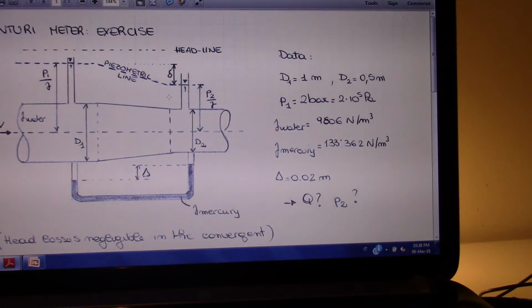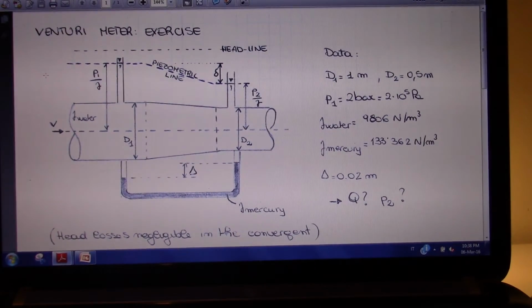So basically this is the exercise associated with the Venturi meter. So basically you have a pipe where inside you have a fluid which of course is moving. Then this fluid passes across a convergent, and you assume that you don't have any energy losses.